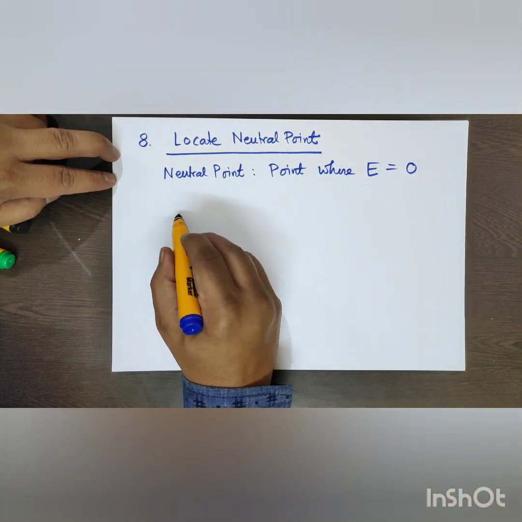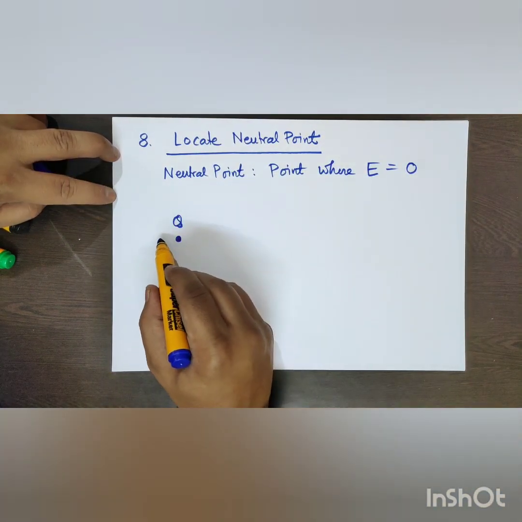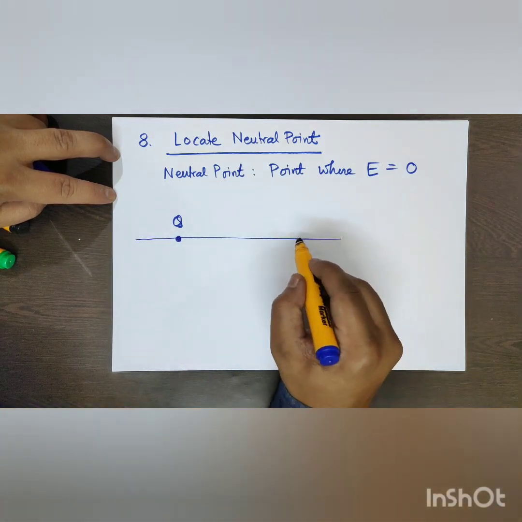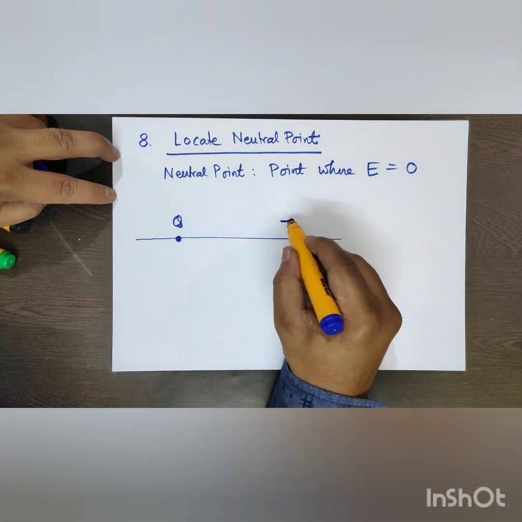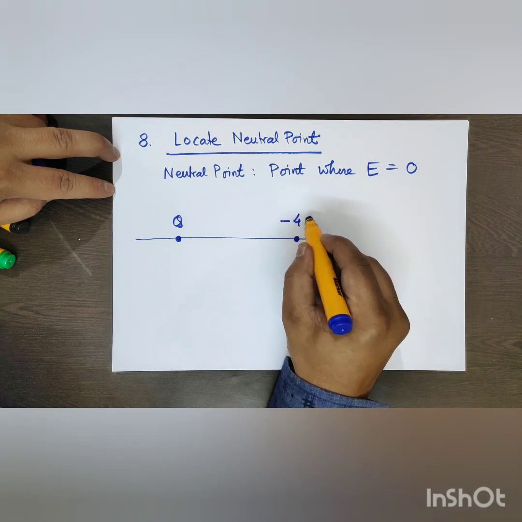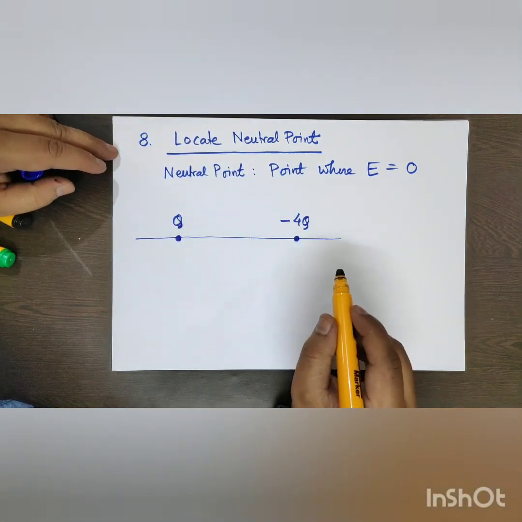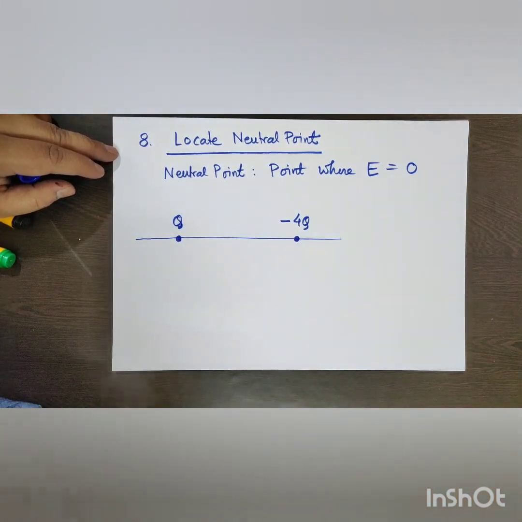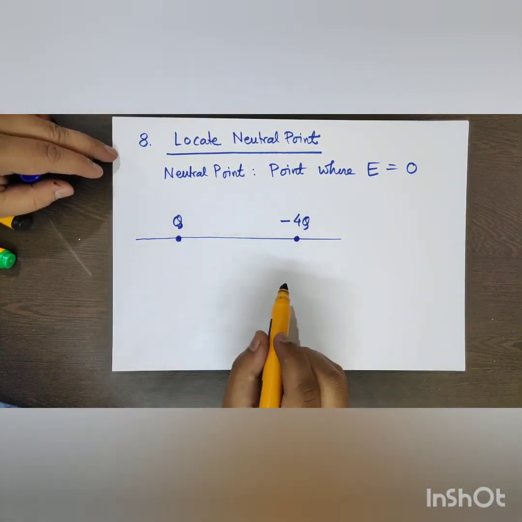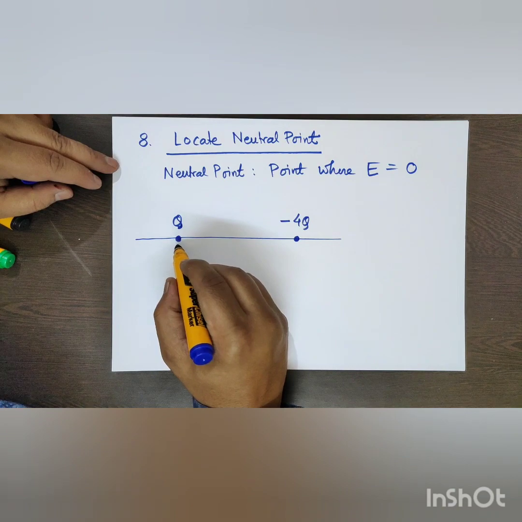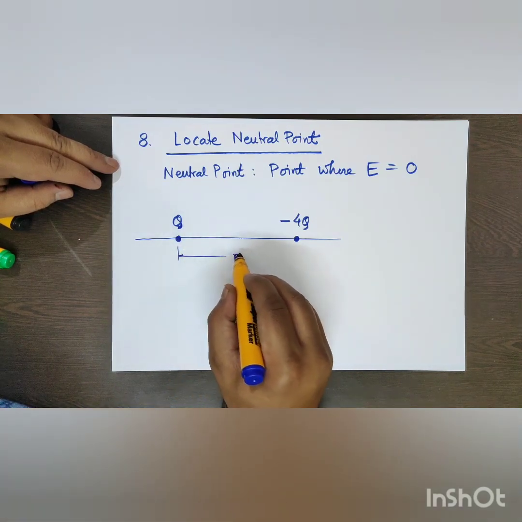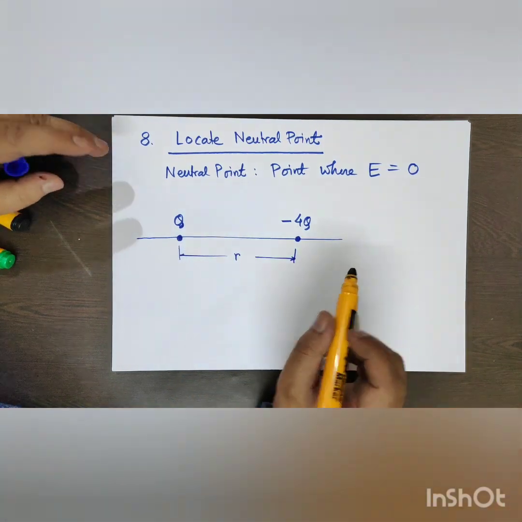In this case, locate the neutral point. This is Q and this is −4Q. See, if it were Q and +4Q, the neutral point would be somewhere between, but here it is Q and −4Q, right? So they are kept at a distance r.